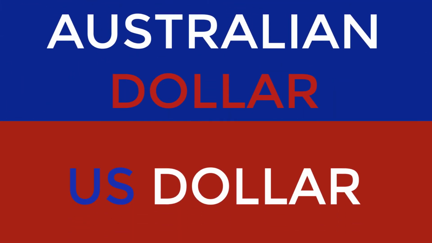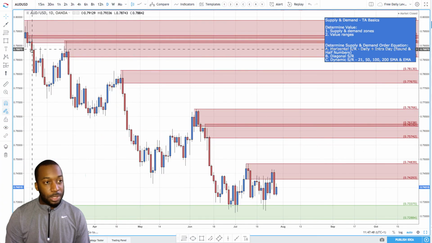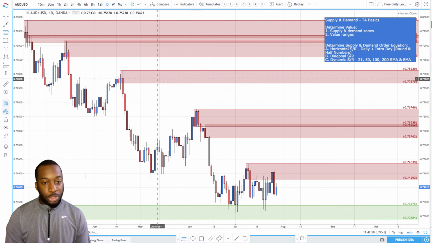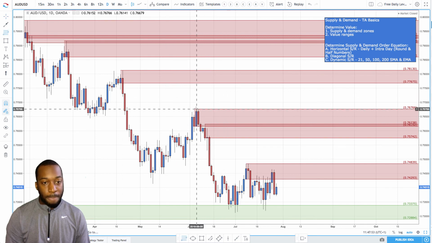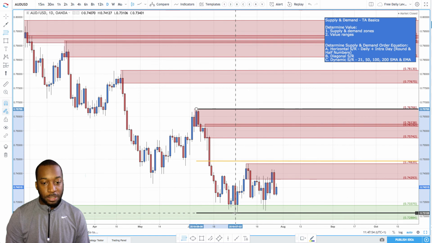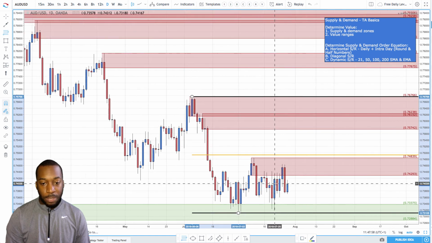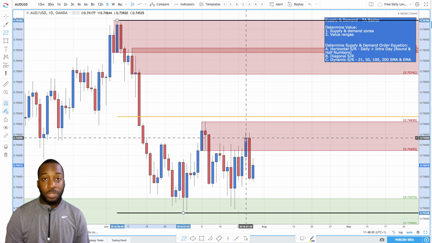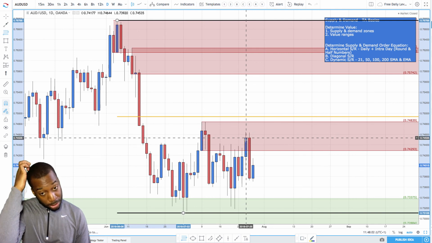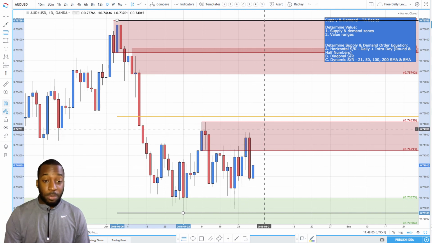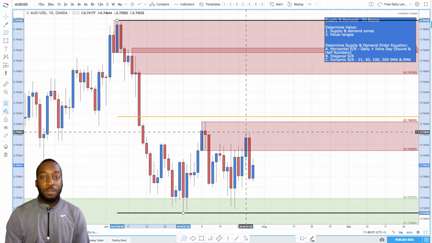Australian dollar, US dollar, Aussie dollar. Again, this was a nice opportunity to get short on this. Very similar, in fact, pretty much the same as the New Zealand dollar, right? I was talking to a trader earlier this week about the setup. And I limit myself to really just two currency pairs when it comes to the same currency.